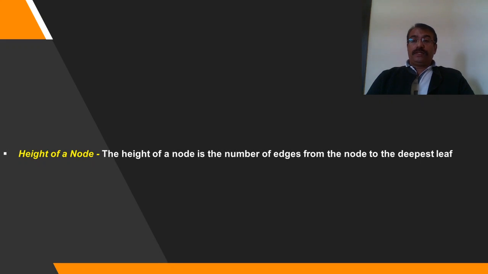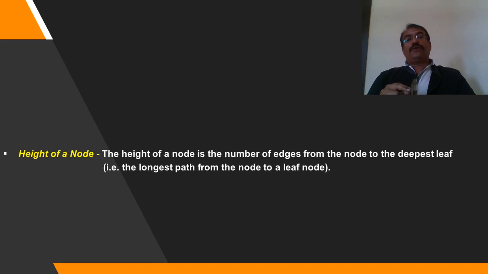Then height of a tree, height of a node. Height of a node is the number of edges from the node to the deepest leaf. Means at that height it is available, so to the deepest node.